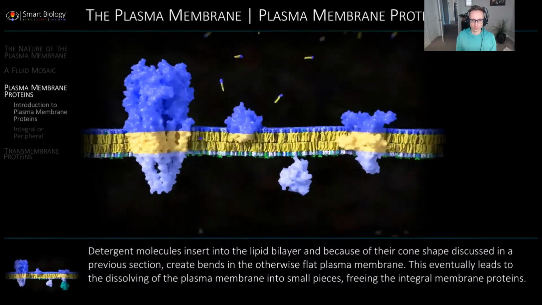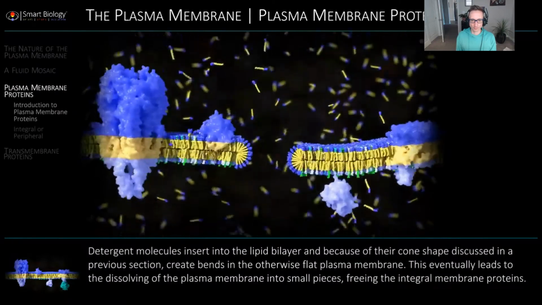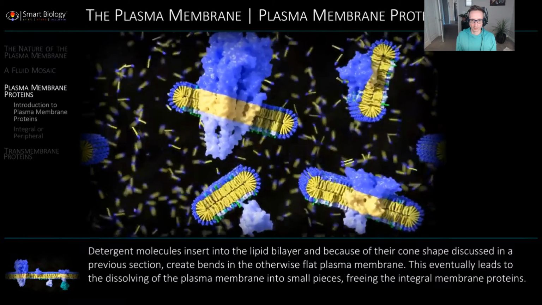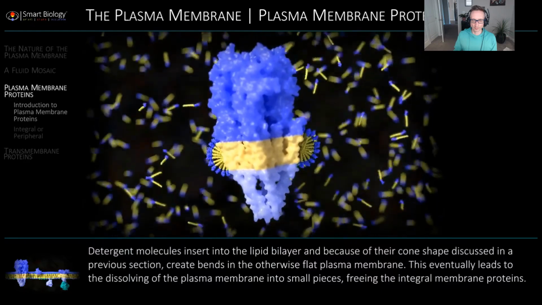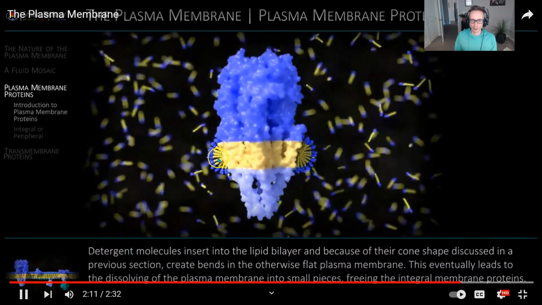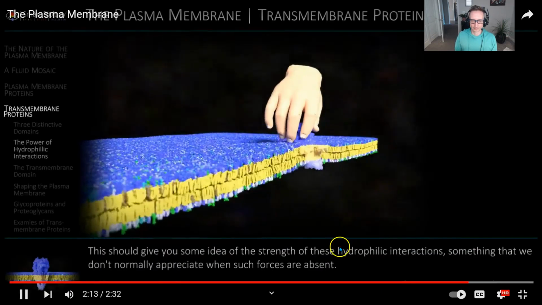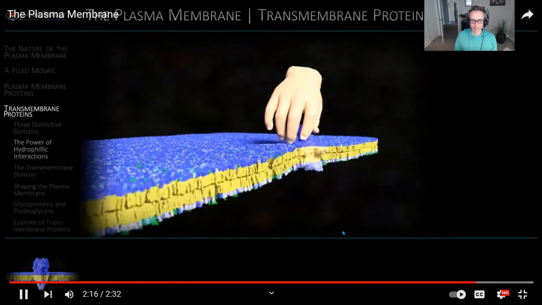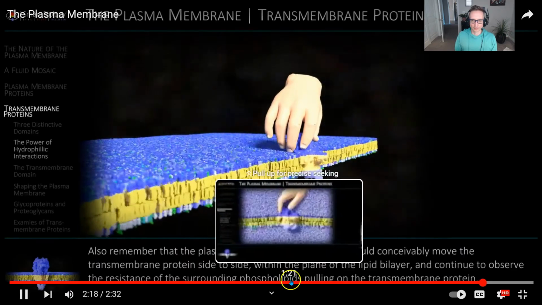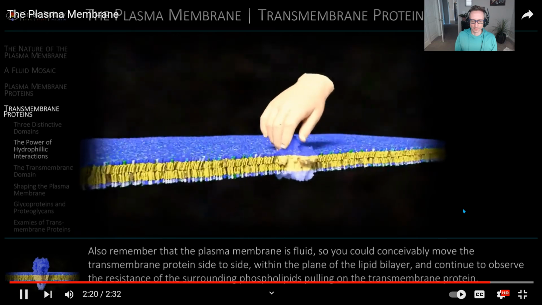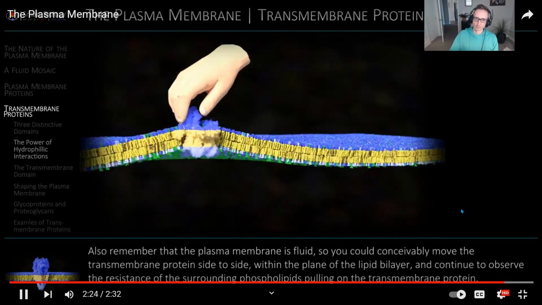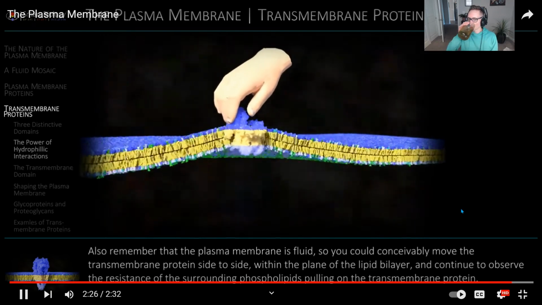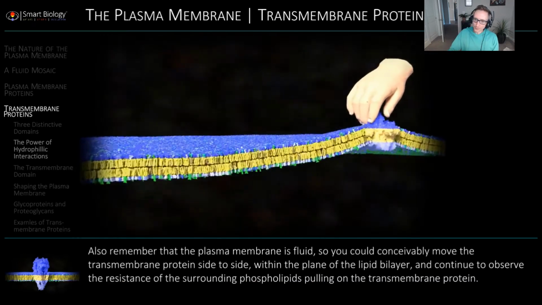Detergent molecules insert into the lipid bilayer, and because of their cone shape discussed in a previous section, create bends in the otherwise flat plasma membrane. Also remember that the plasma membrane is fluid, so you could conceivably move the transmembrane proteins side to side within the plane of the lipid bilayer.